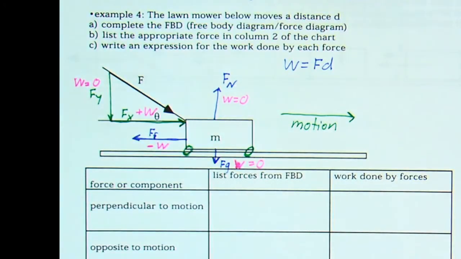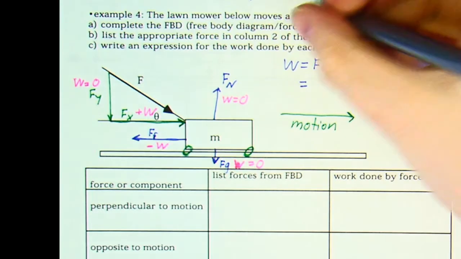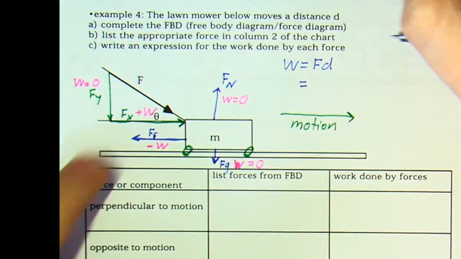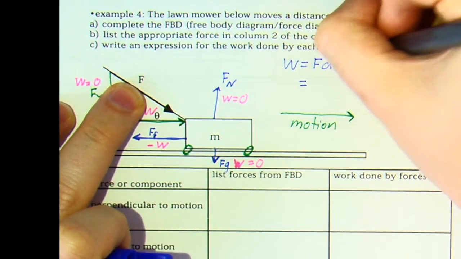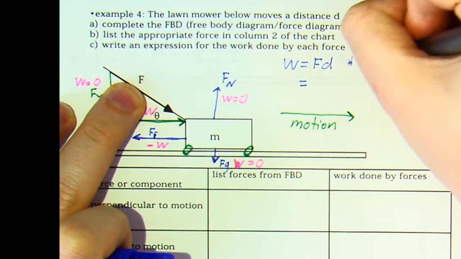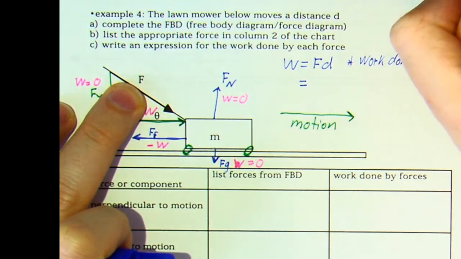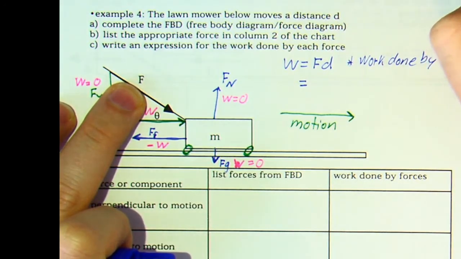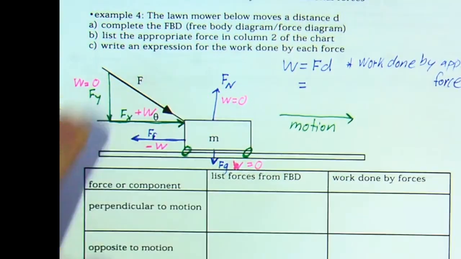So work equals force times distance. Well, the work done by F, make a note here. This is work done by the applied force. This does not take into account the friction.